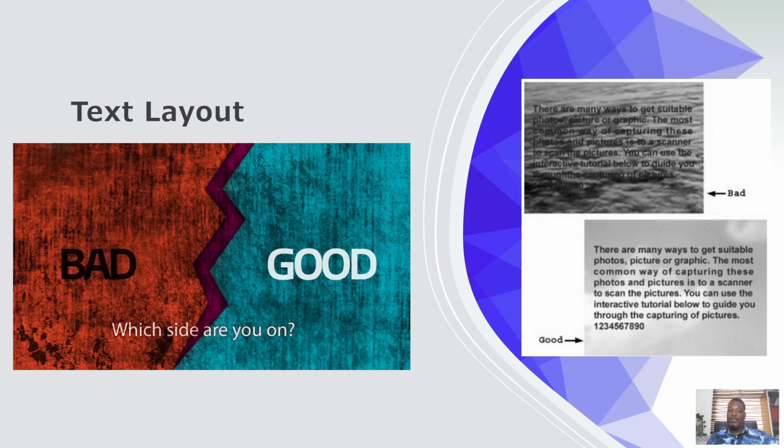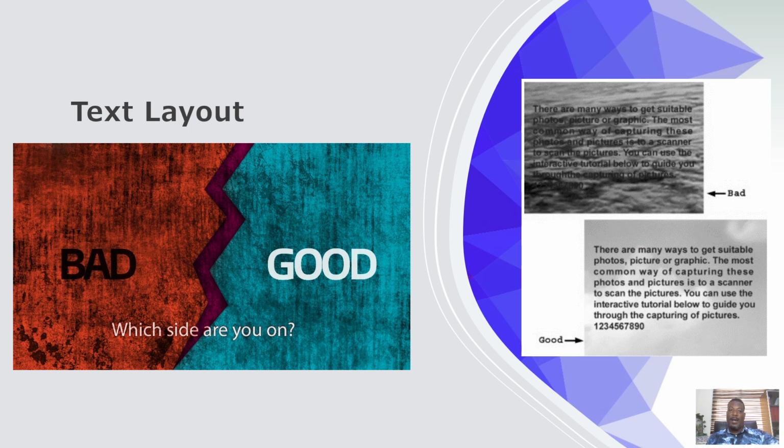I remember we spoke about all of this. So this is a good presentation and this is a bad presentation. Let me activate this. There's a bad presentation. This is a good presentation. This is a very bad presentation because it's a little difficult to read these texts in this particular multimedia design that is being created here. This is a good one because it's very easy to read the text that we find in here.